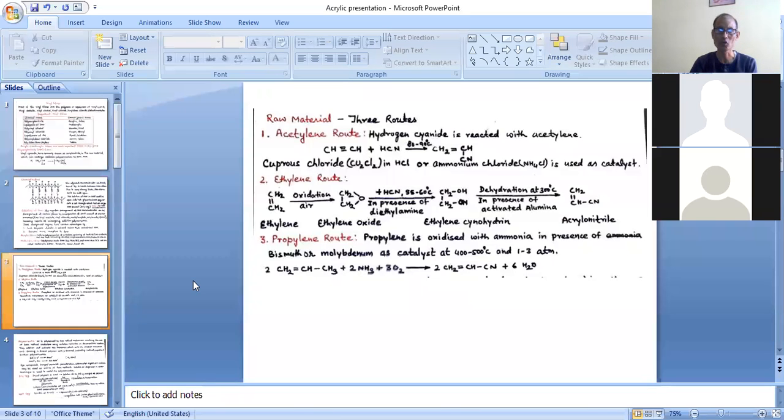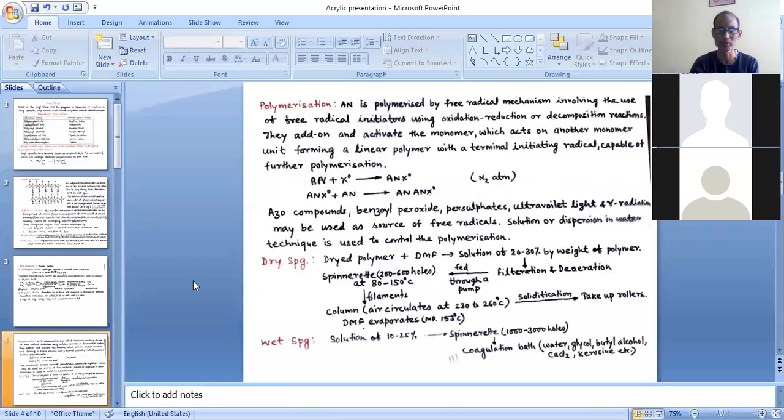After manufacturing of raw material, the next step is polymerization. As in the case of all man-made fibers, first is manufacturing of raw material, second is polymerization. AN means acrylonitrile, the name of the raw material.